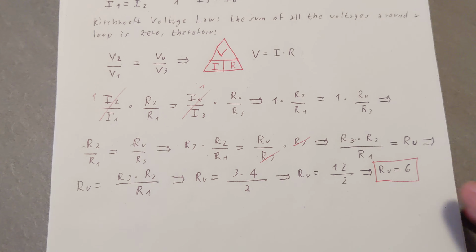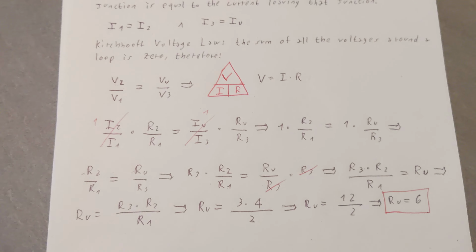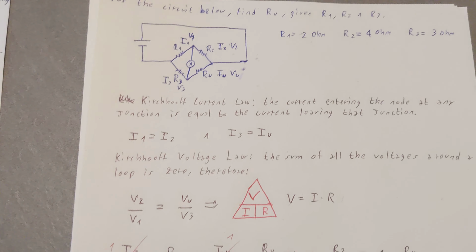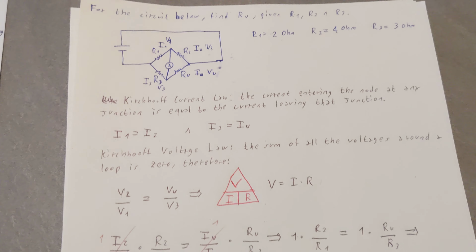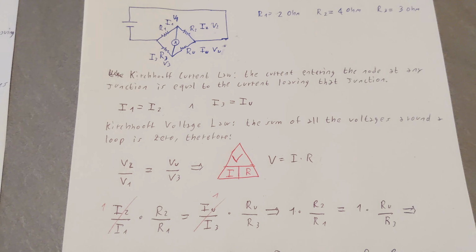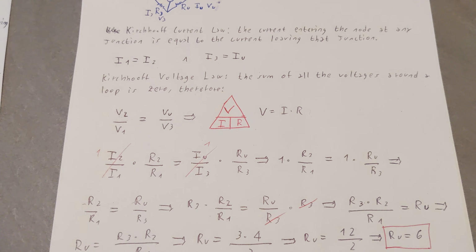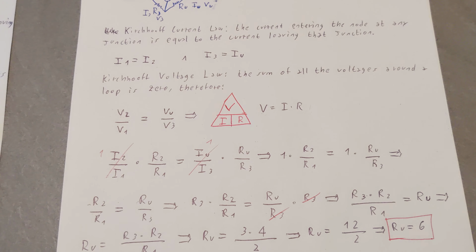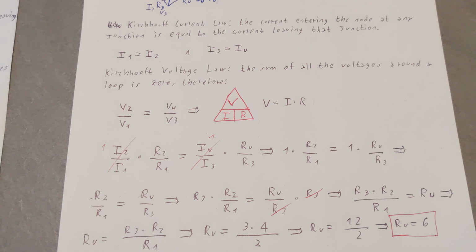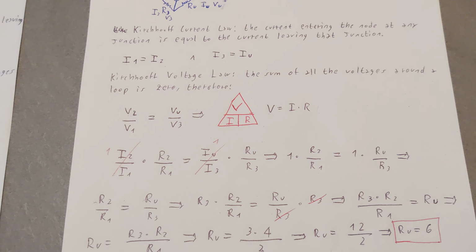As you can see, it's not something impossible. It's doable. It's actually pretty straightforward. You just have to use the basics. You don't need things like, I don't know, Millman or other things. You just apply the very basics.